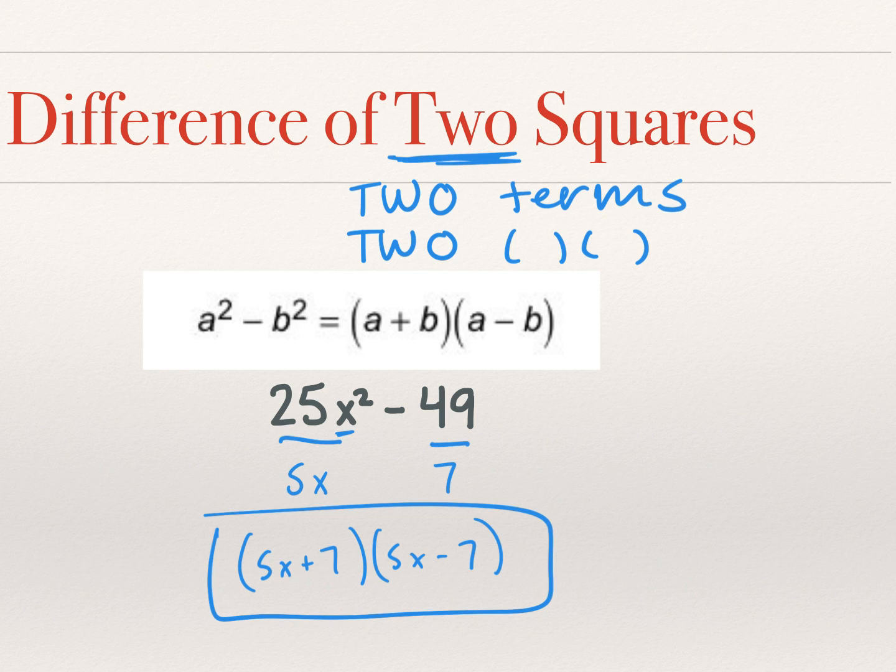We can factor it, but we need the 2 different parentheses. And the reason why we can't make this 5x plus 7 squared is because this one's a plus 7 and that one's a minus 7. So they're different, so we have to rewrite it. Any questions here? With different signs in the middle, yeah.